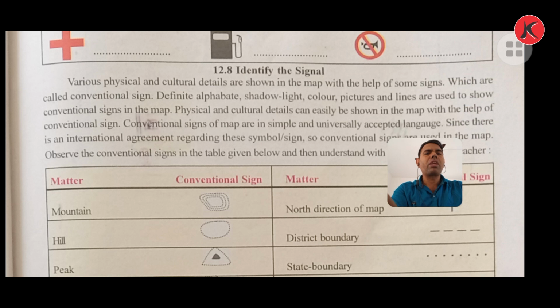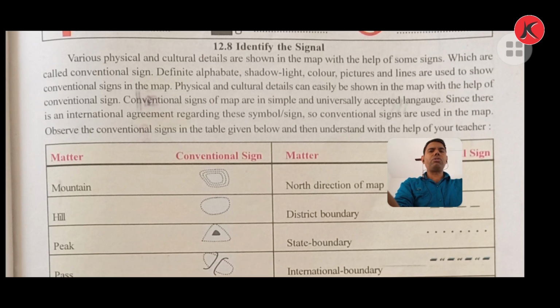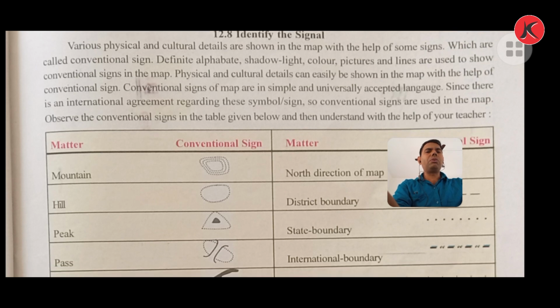In the map, physical and cultural details can easily be shown with the help of conventional signs. Conventional signs are a simple and universally accepted language, since there is an international agreement regarding these symbols and signs. So conventional signs are used in the map.